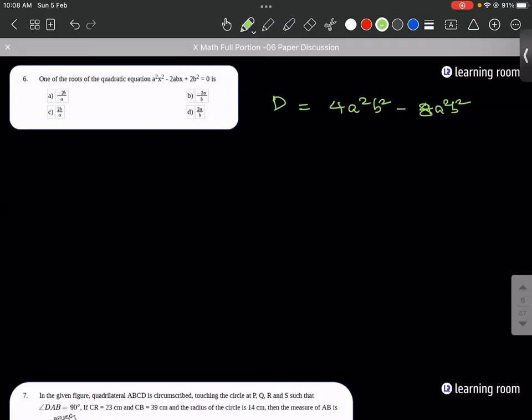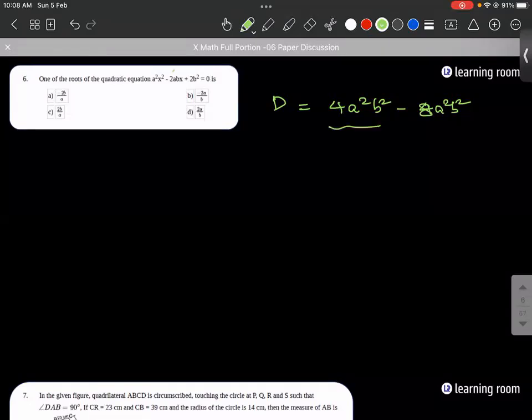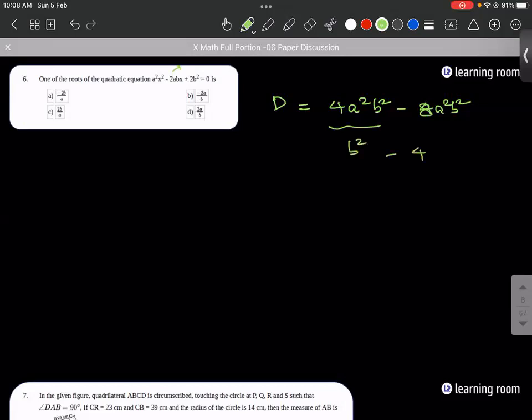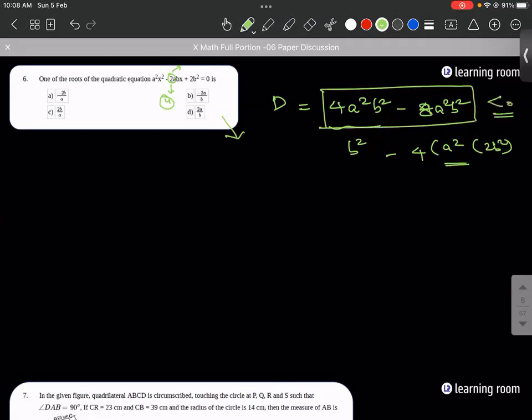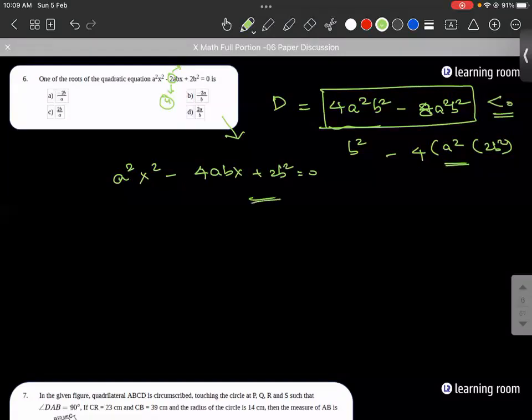Correct? B square minus 4 into a into c. There is a mistake. Actually, the question should have been 4 here. Sir, I didn't get an answer, so I just randomly chose one option. No, it's wrong because the discriminant is less than 0. Actually, the question should have been a square x square minus 4abx plus 2b square. Then there is a possibility you'll get the answer.